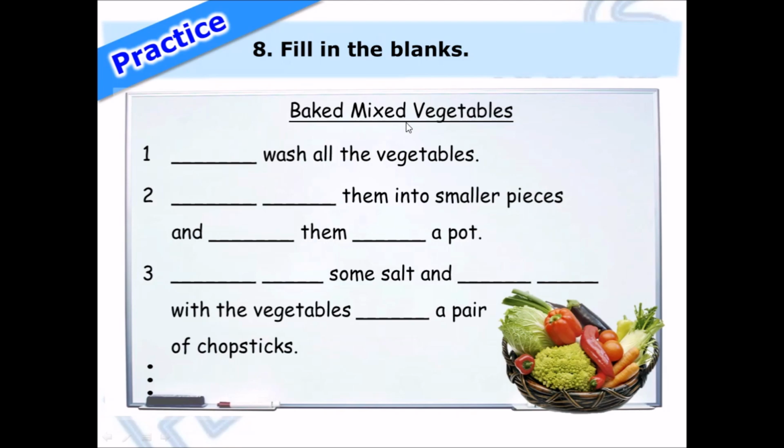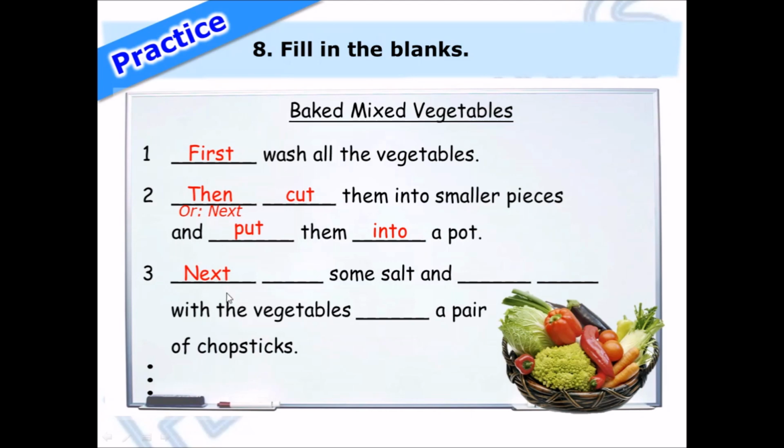Baked mixed vegetables. Step 1. First, wash all the vegetables. Step 2. Next, or then, an action word is missing. Cut them into small pieces. And an action word again: put them into a pot.